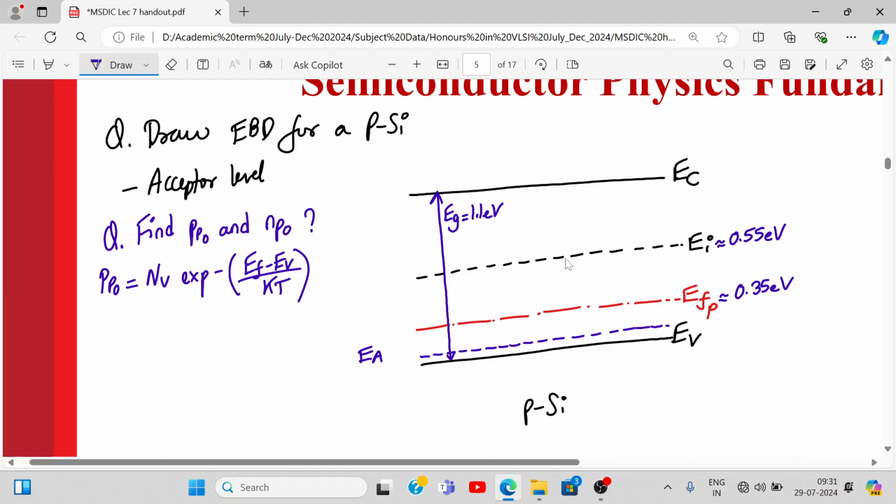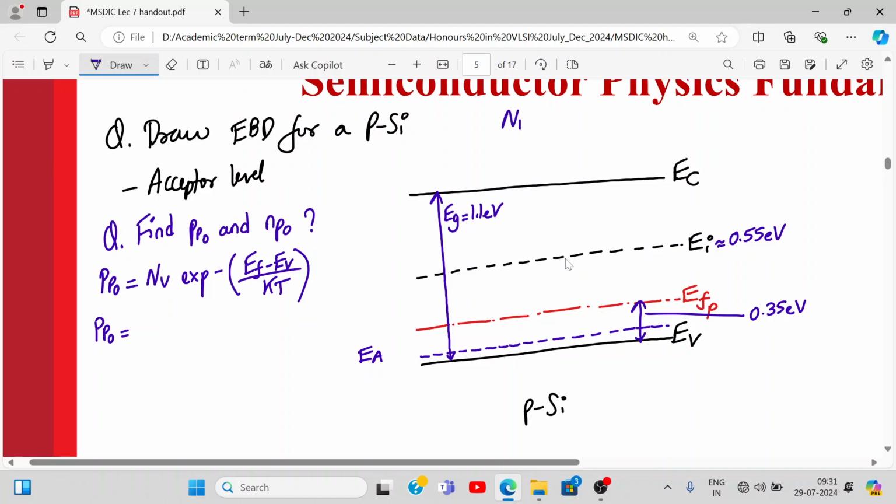Actually, this 0.35 is this distance. So in the given data, this is 0.35 electron volt. So we have EF minus EV. Yes. So what will be PPO?